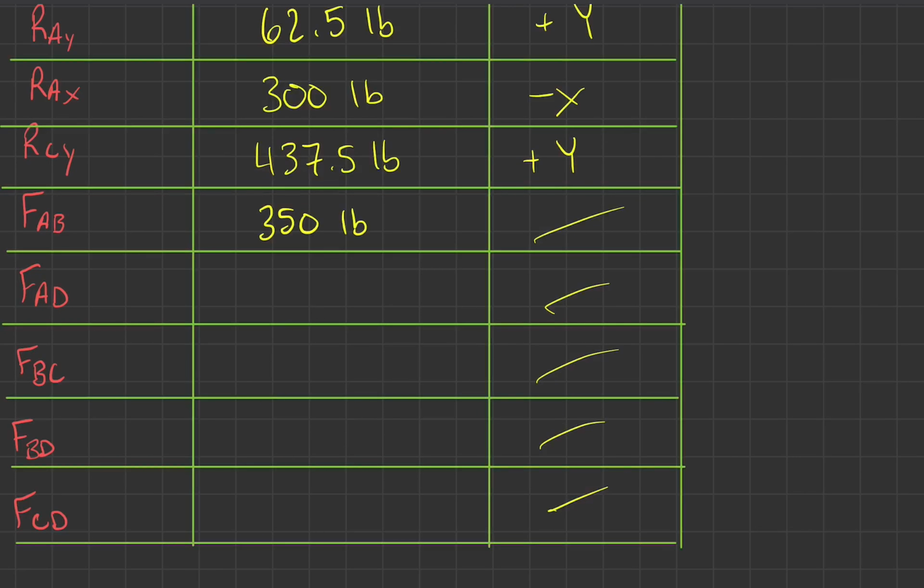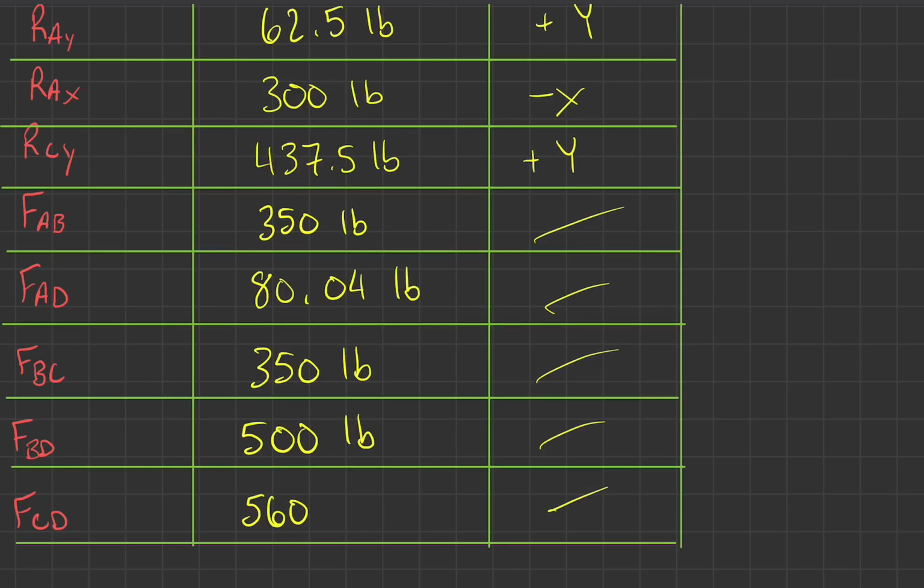AD was 80.04 pounds. Force BC, 350 pounds. Force BD, 500 pounds. So I hope we picked a material for BD that can withstand that 500 pounds. And then force CD was 560.27. So I really hope we picked a good material for that one.